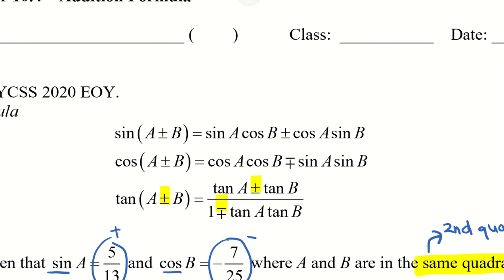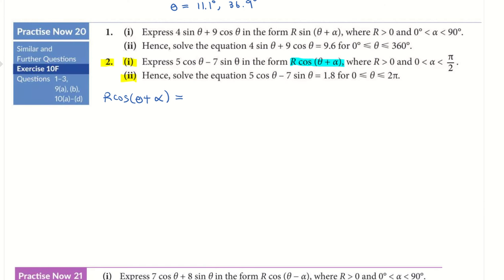If I want the plus case, I will convert it to a minus: cosine A cosine B minus sine A sine B. So I'm going to write cosine theta cosine alpha, plus or minus? Minus. Okay, minus the sine theta sine alpha.